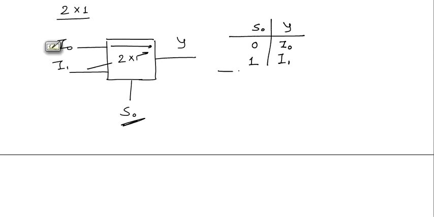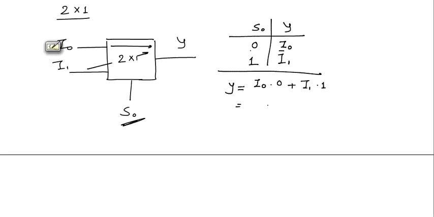Now for this multiplexer, we will write its output equation. Output equation Y can be written as Y equal to I0 into 0 plus I1 into 1.